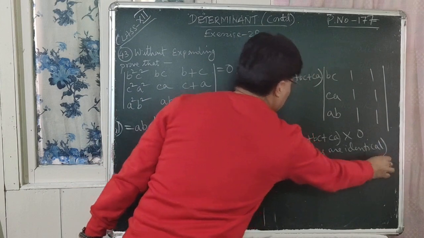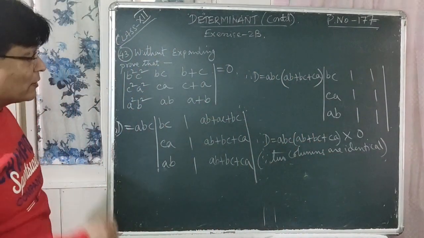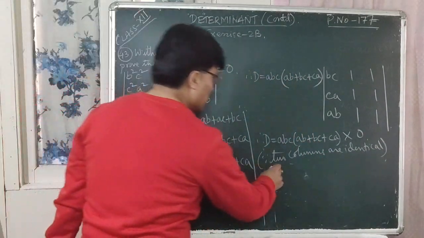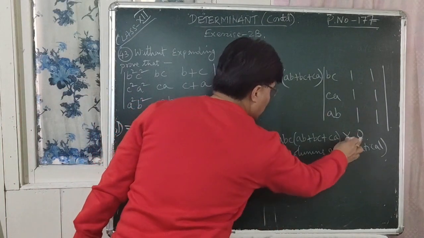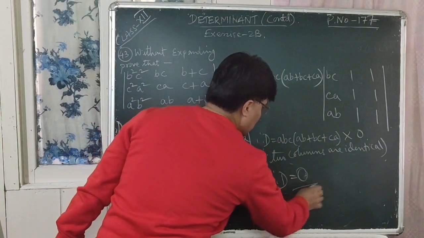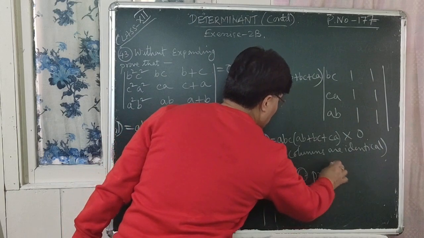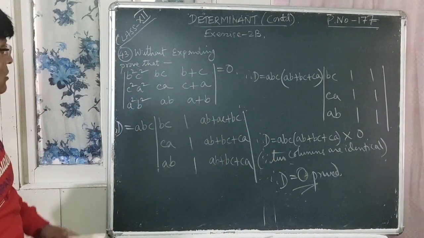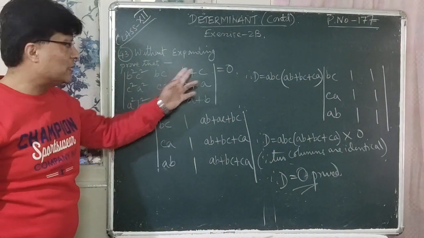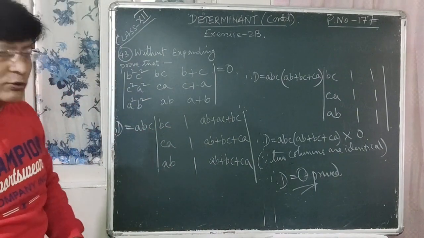So what is the value of the determinant? It is 0. So therefore D is equal to 0 into any number, which is always 0. Proved. So without expansion we proved this determinant is equal to 0. Is it clear to all of you?